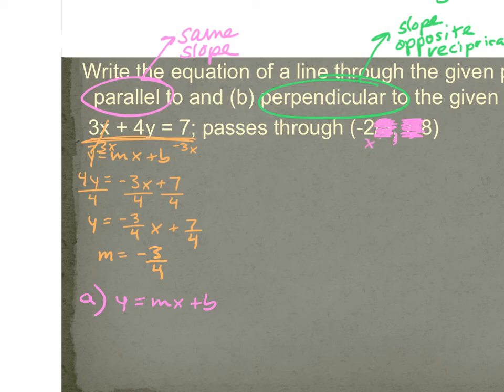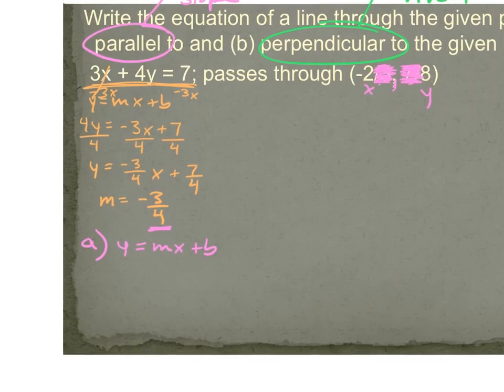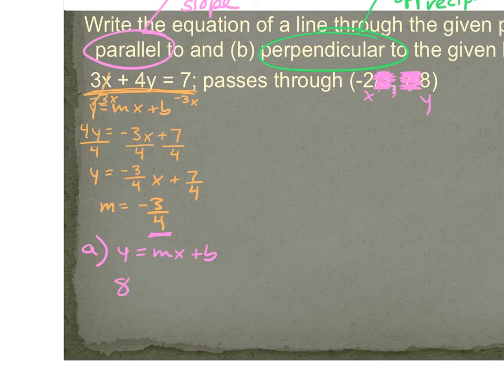So we have our x and we have our y here, and we have our m. So we can just plug everything in and find our b. So our y is 8, our m is negative 3/4, our x is negative 2, and then plus b.